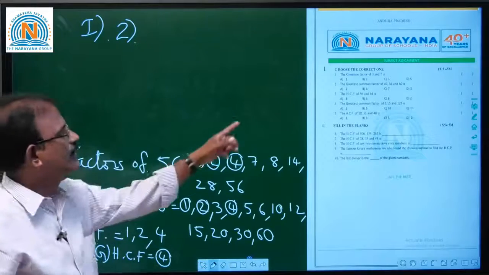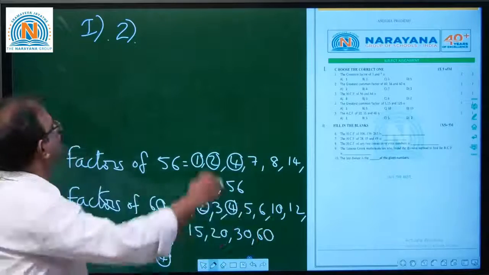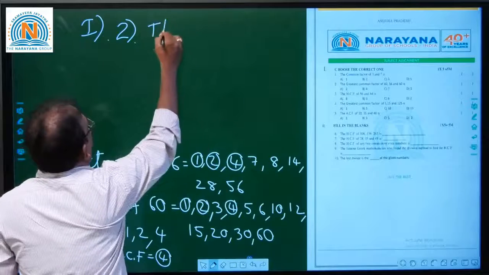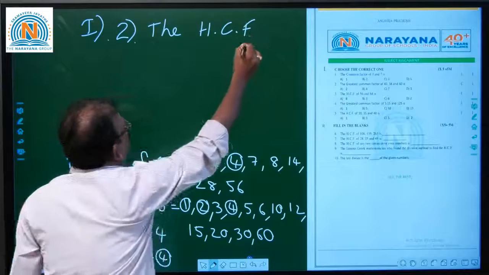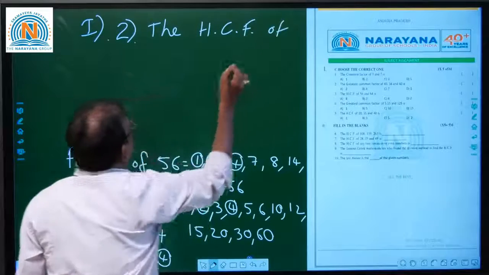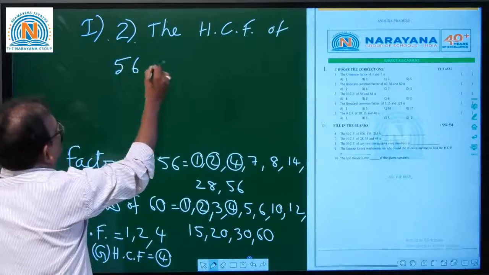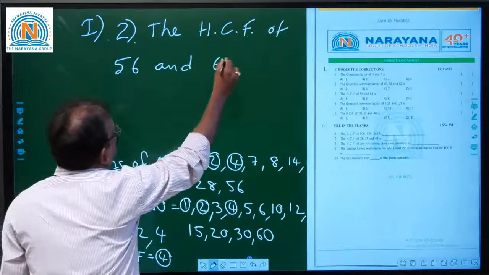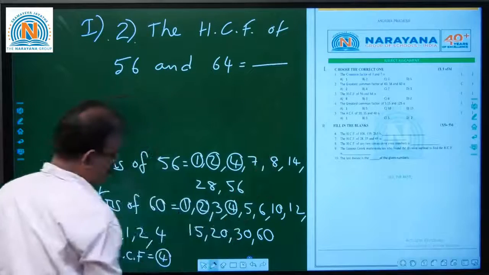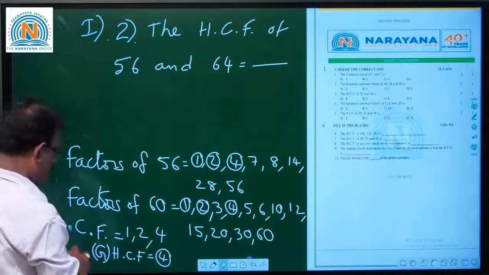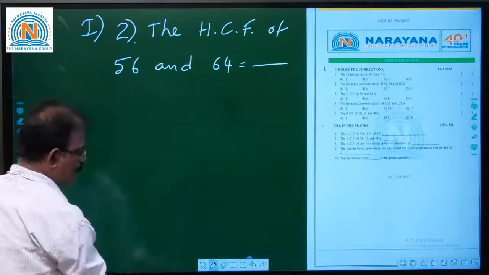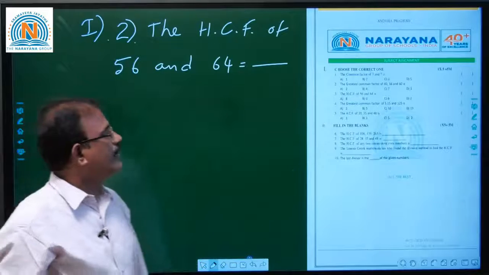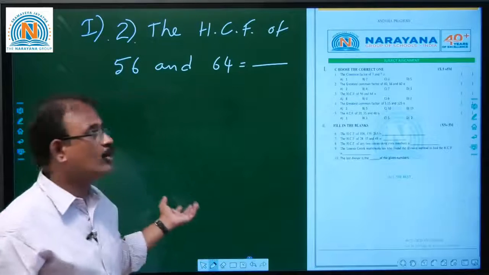What is the third one? HCF of 56 and 64. Children, already we explained in some models.